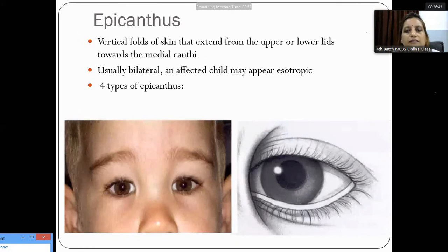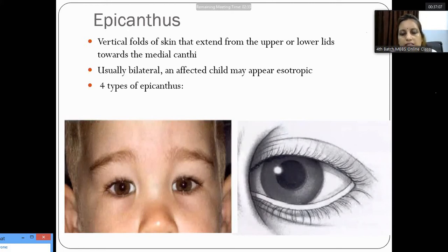Epicanthus is a vertical fold of skin that extends from the upper or lower lids towards the medial canthi, usually bilateral, and the affected child may appear esotropic. Esotropic means the eye is moving medially and exotropic means the eye is moving outward. There are 4 types of epicanthus.